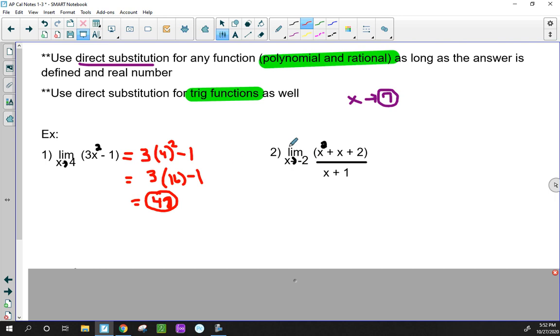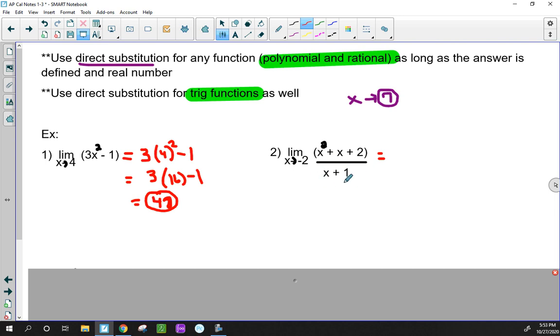Number 2, find the limit of x squared plus x plus 2 divided by x plus 1 as x approaches negative 2. Alright, so again, you can use direct substitution as long as, here's your first check, you've got to make sure that this function that they give you is continuous at negative 2. In other words, if I put negative 2 in here, will I be able to get an answer? I'm going to have a negative 1 on the bottom.